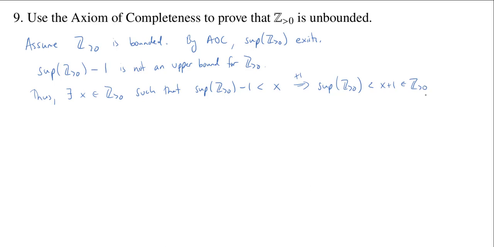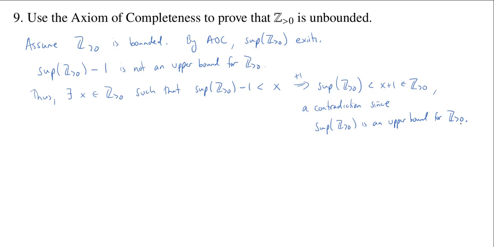And this is a contradiction, since the supremum is an upper bound for the positive integers, and yet I just found a positive integer which is greater than it.